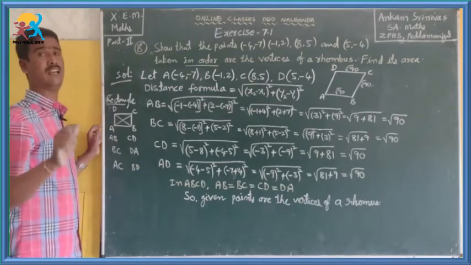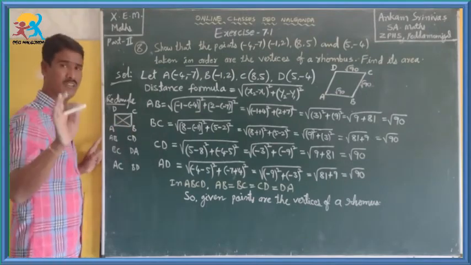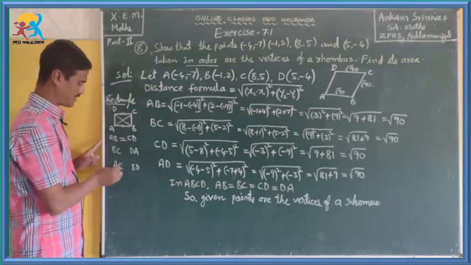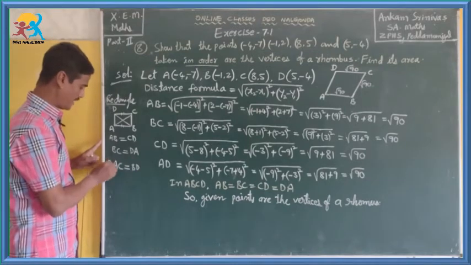So we have to find the four distances. Here four sides and two diagonals. We have to prove that opposite sides are equal: AB equal CD, BC equal DA, and AC equal to BD.